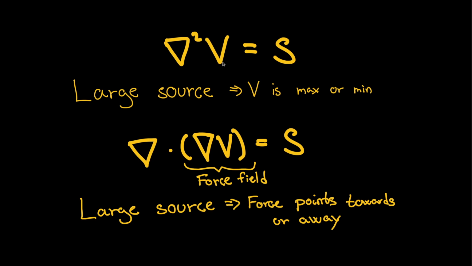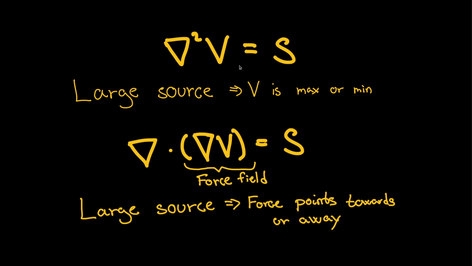So why is the Poisson equation interesting? Well, it occurs in a lot of physical phenomena. For example, Newtonian gravity. You have the Poisson equation for the gravitational potential, where V is the gravitational energy at any point, and the source term is the mass density in space.